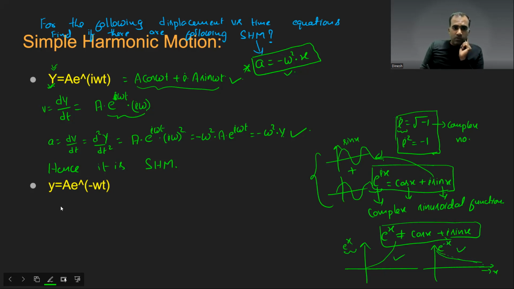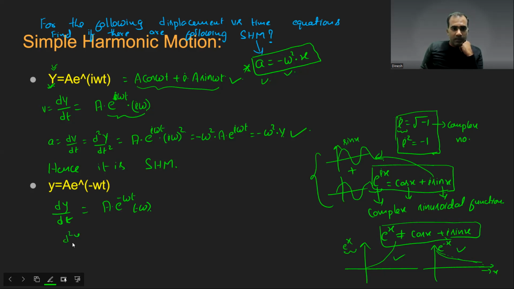Okay, fine. So let's do the second question. dy by dx, simple differentiation. Just try to find the acceleration. See the relation between acceleration and displacement. It is a into e power minus omega t. If you differentiate it, it becomes minus omega.